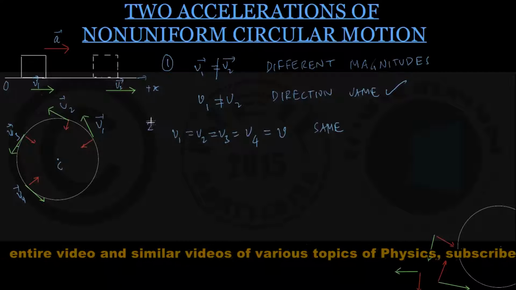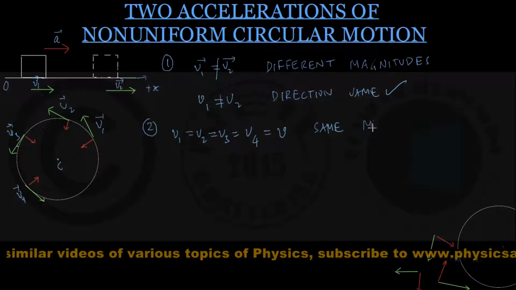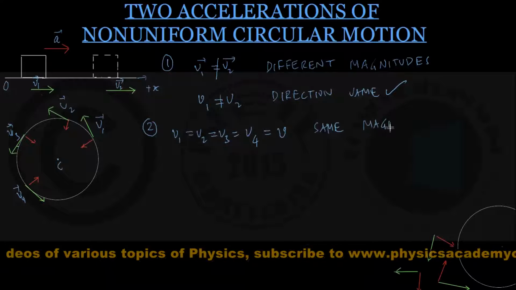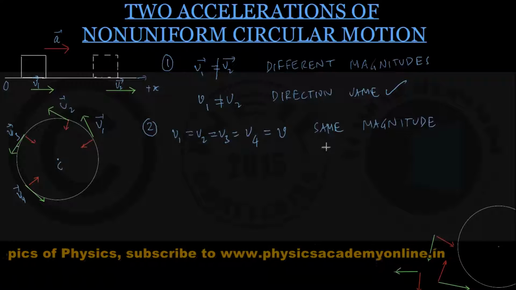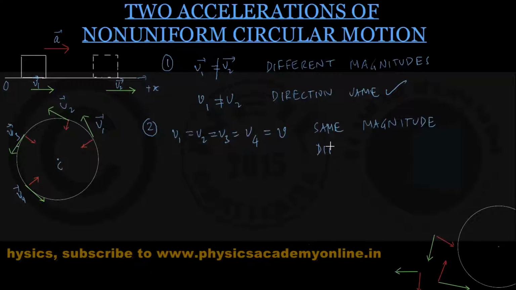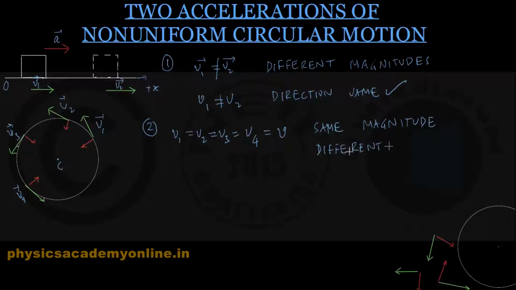This is my case number 2, uniform circular motion, that is, same magnitude of velocity vector but different directions, as the figure shows, as the direction of the velocity vector is along the tangent drawn to the circle at that particular position. So that was the case.